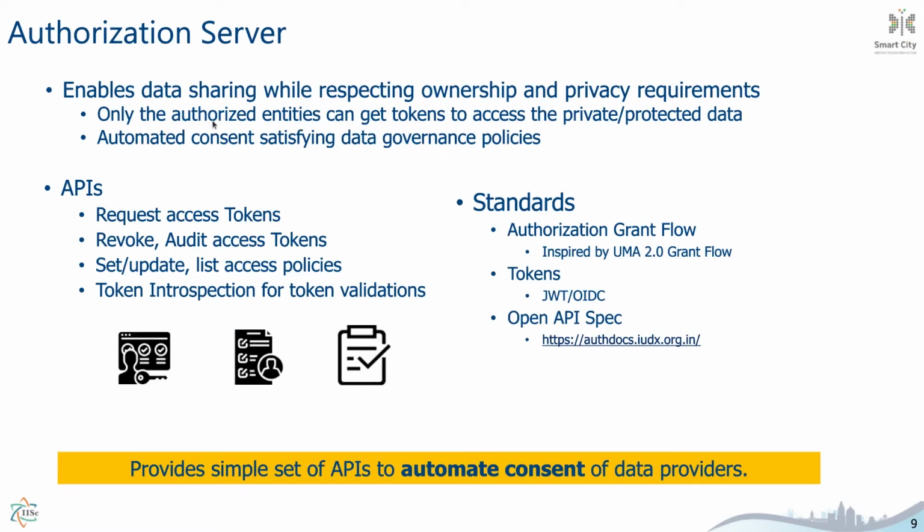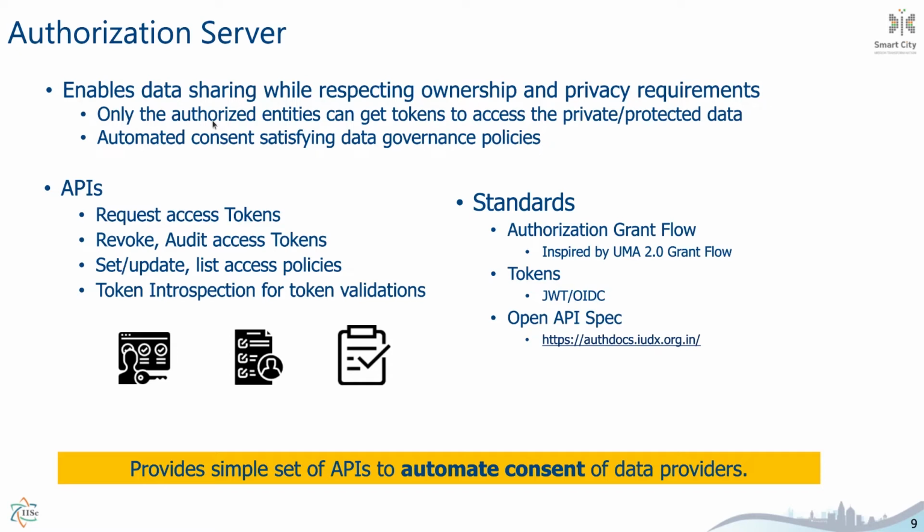In terms of APIs, the authorization server supports APIs to carry out the above functionality. It supports APIs to request access tokens, to revoke access tokens, to audit access tokens. It supports APIs to set, update, and list access policies. Similarly, it provides token introspection APIs for token validations.